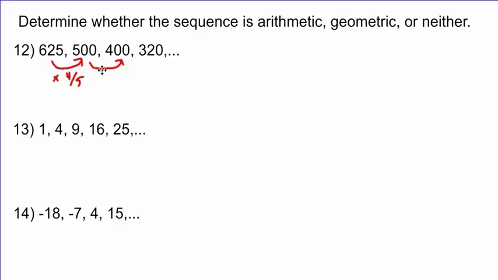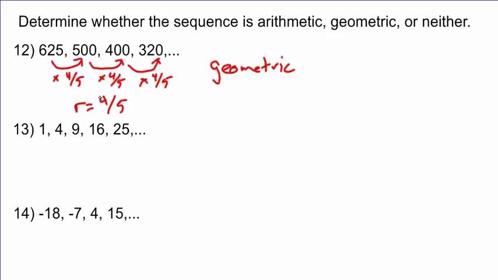Hey, 500 to 400, that's also times 4/5, because 1/5 of 500 is 100 times 4, 400. 1/5 of 400 is 80 times 4 is 320. We just multiplied by 4/5 again. Folks, what we just found out is that is a geometric sequence. Now it doesn't ask for this, but we know that the R value, the common ratio, is 4/5.